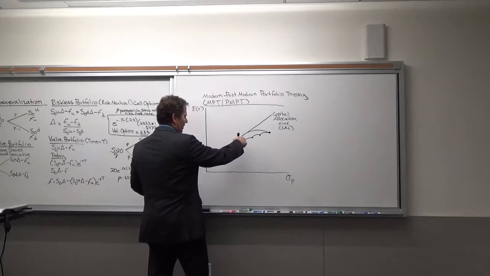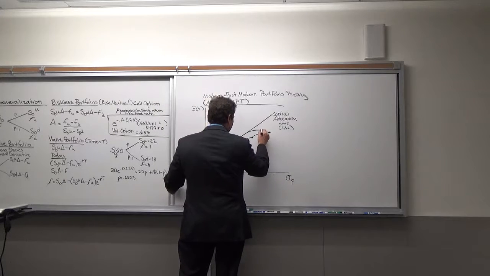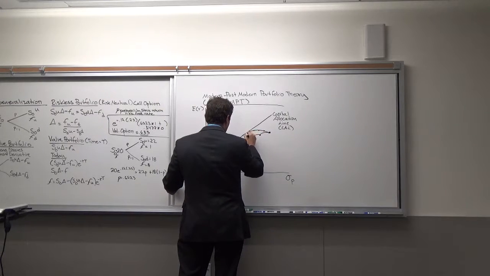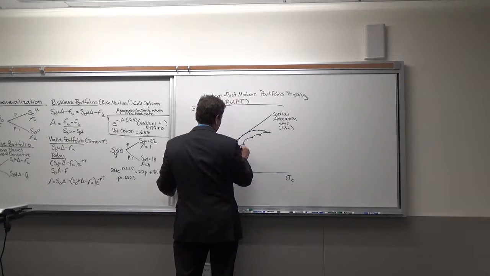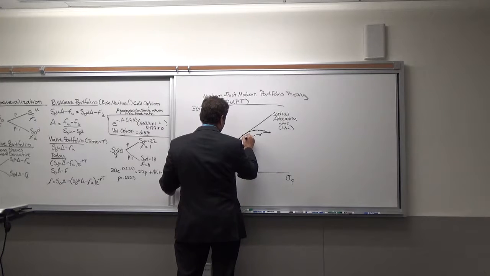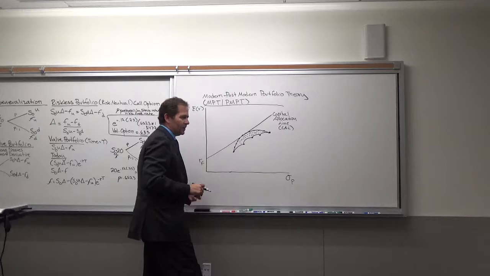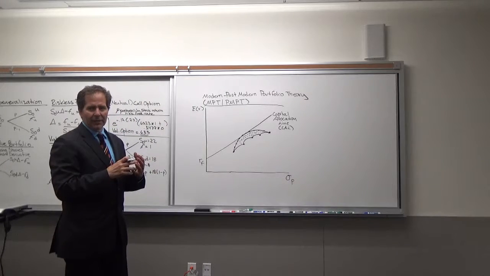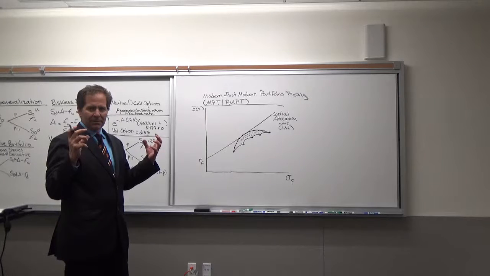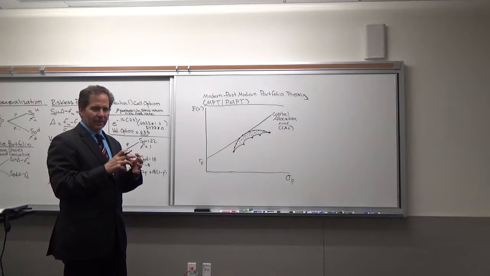And the dots along the efficient frontier, dots in the efficient frontier umbrella are feasible portfolios that you can construct using assets in the capital markets.